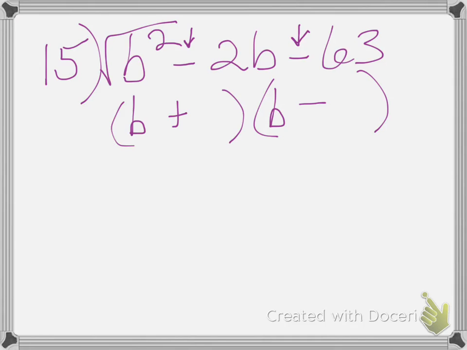Now we need something that's going to multiply to make 63, but that's also going to subtract to give us 2. So what are we going to do? Wait, I don't understand that part. 63: you have to have something that will divide into 63. 1 and 63.